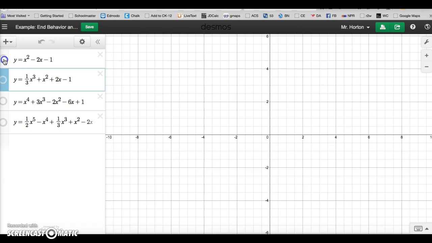So here I have a quadratic, x squared minus 2x minus 1, and this has a degree of 2. Our a is positive. So if we're moving from left to right, on the left-hand side we have up, and on the right-hand side, we have up. So we would describe the end behavior as up and up. Notice what happens when we change the sign of a.